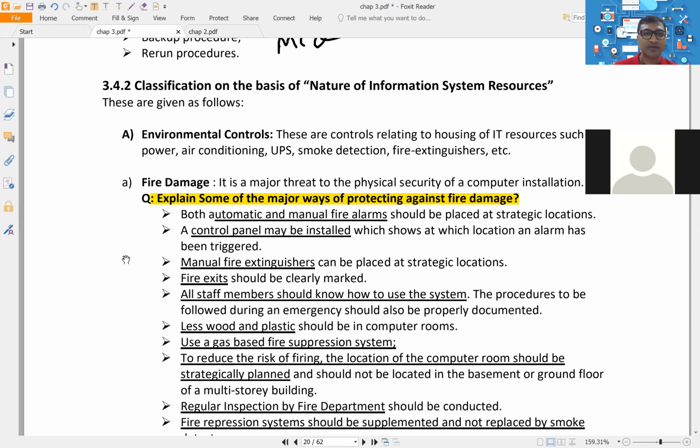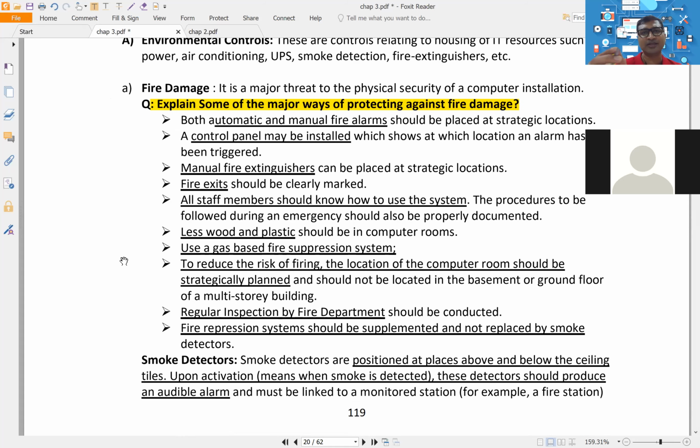Now, one thing students always ask me: when there are so many points, how many points should we write? Look, always remember that how many points you need to write out of so many will always depend on the marks. Now suppose they ask this fire damage question for 6 marks, now you tell me how many points you will need to write. My suggestion will be, try to write the maximum points which you know.